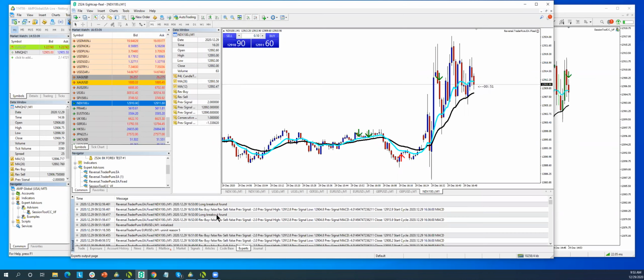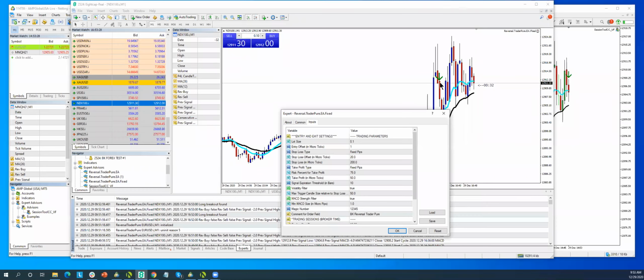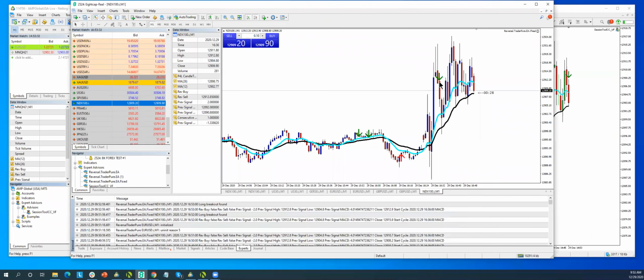Long breakout found. Is there something in here? What's the high on this thing? Maybe it's the spread. Let me see. 1280.